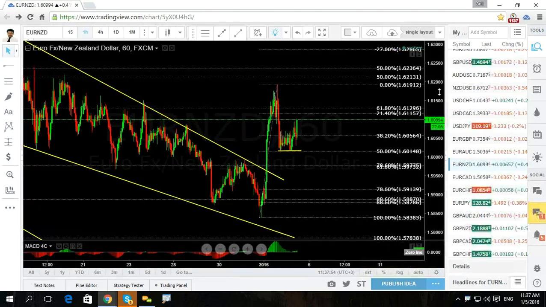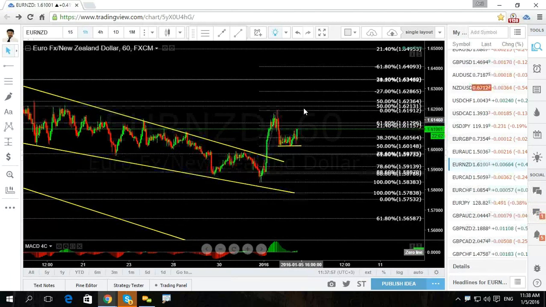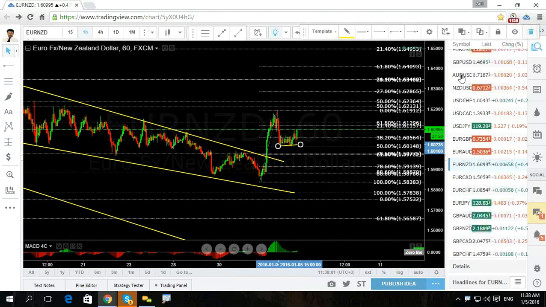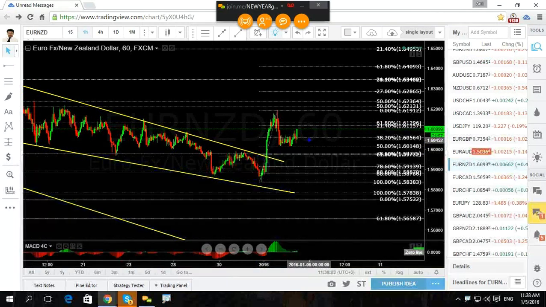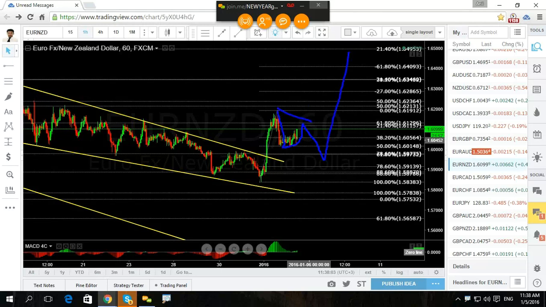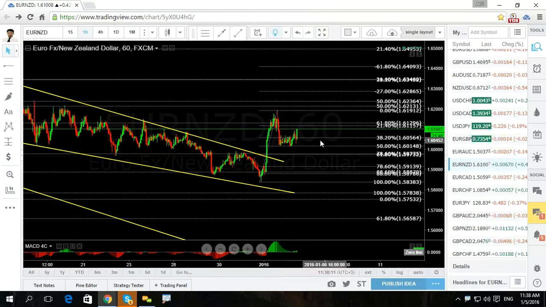Because of this flat setup at the bottom, I have to be a little careful of them not wanting to do this and then go. I have to let them negate that structure first, and unless they do that, I will just have to watch it for a while. I hope they negate that structure, and if they do, that would be a very good trade for us.